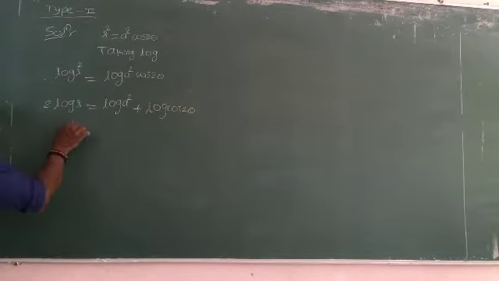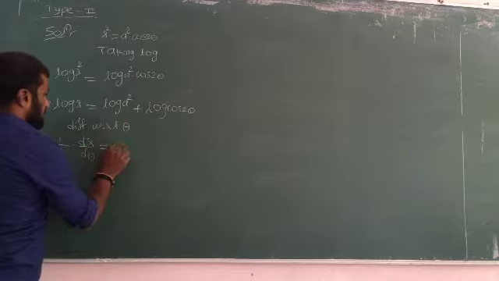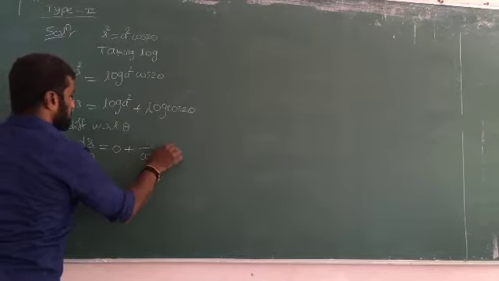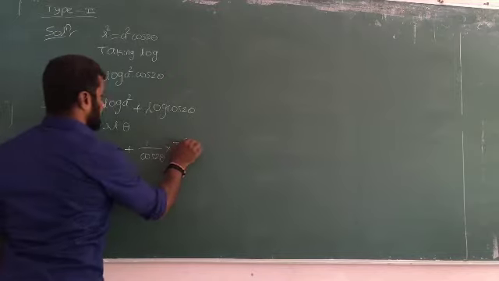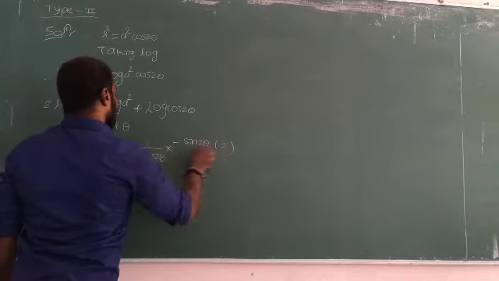Now differentiate with respect to theta. So 2 into 1 by r into dr by d theta. Right? This is 0 plus 1 divided by cos of 2 theta into the differentiation of cos, which is minus sin of 2 theta, into the derivative of 2 theta, which is 2.